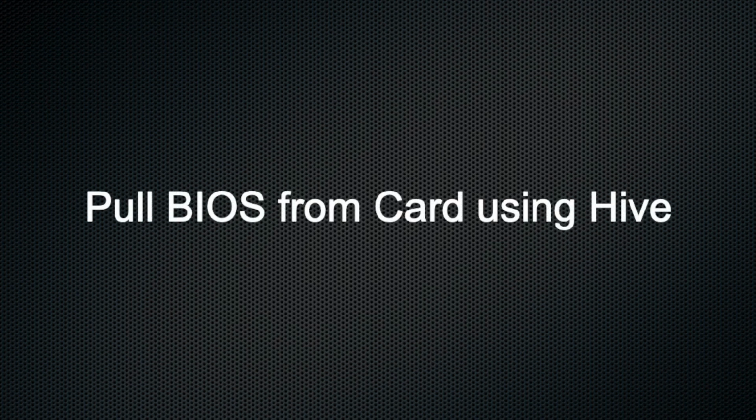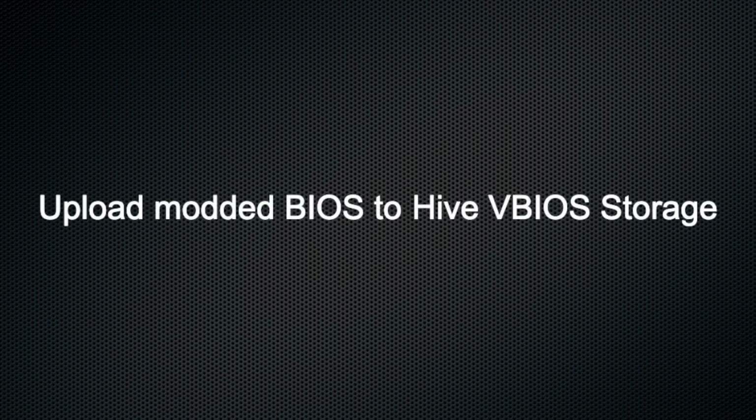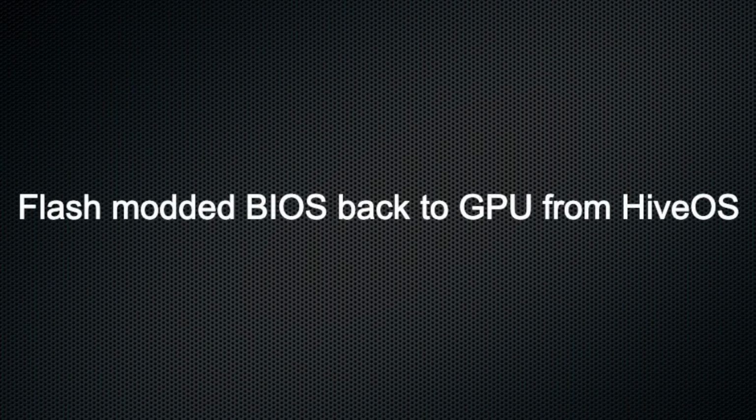We're going to pull a copy of the BIOS from your cards using Hive, and then we will mod that BIOS pulled from Hive using Polaris BIOS Editor on a Windows machine, and then upload that modded BIOS back into Hive's online vBIOS storage, and then flash it back to the card. And you'll be able to see the before and after hash rates, and hopefully there's an improvement.